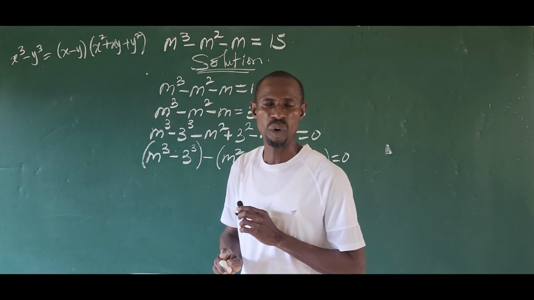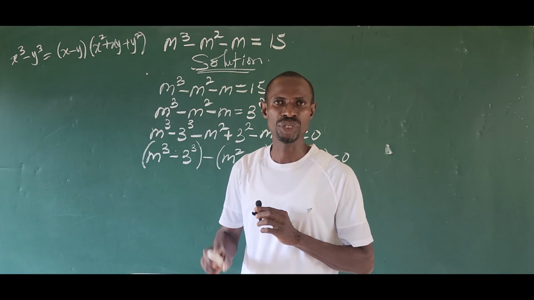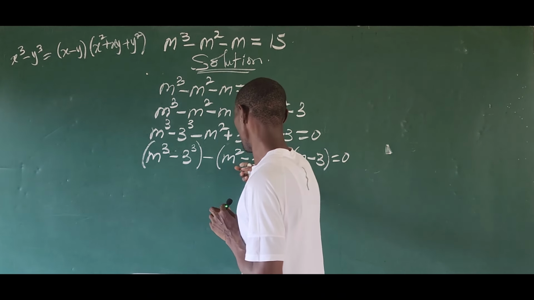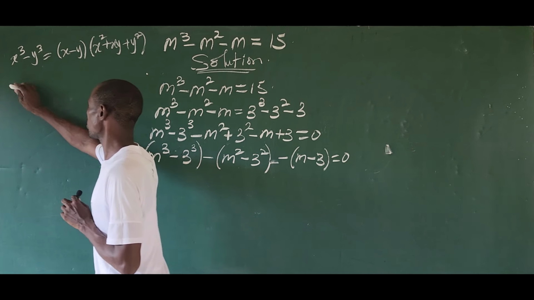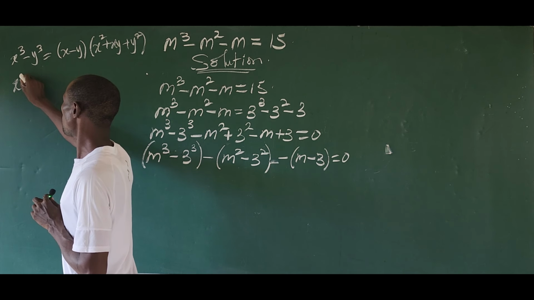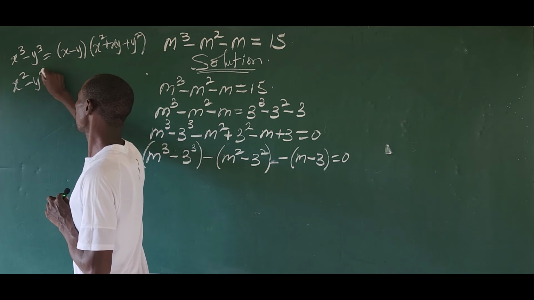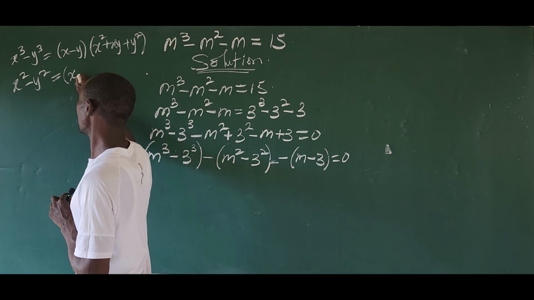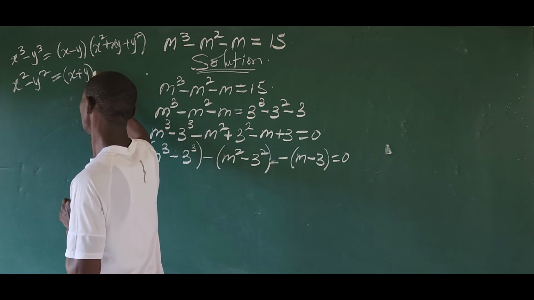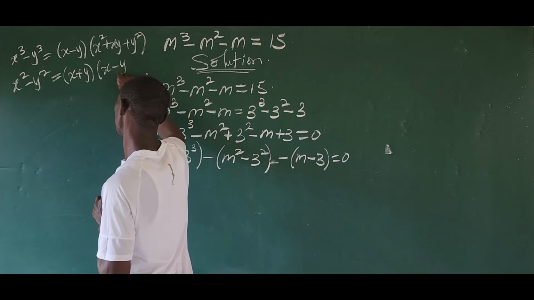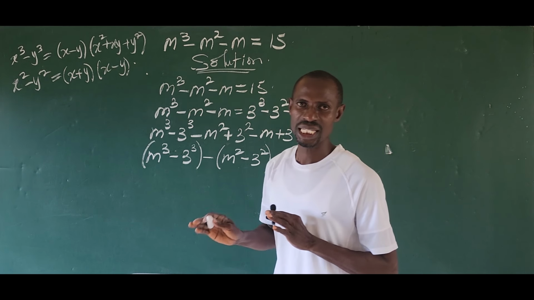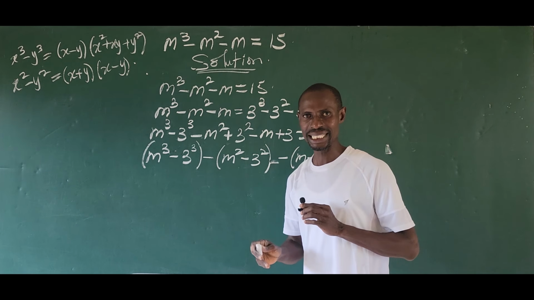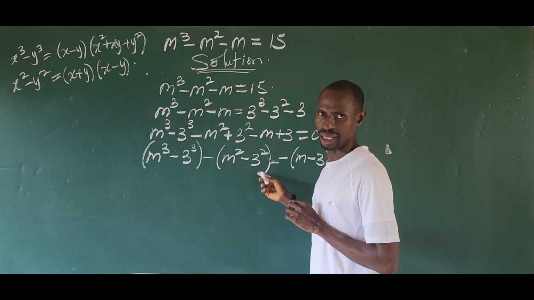This is what we call the difference of 2 cubes. Then we have the difference of 2 squares. The difference of 2 squares says that if you have x to the power of 2 minus y to the power of 2, this is equal to (x plus y)(x minus y). So these are the two algebraic identities we are going to introduce into this system here.